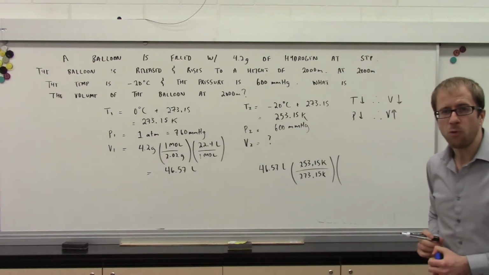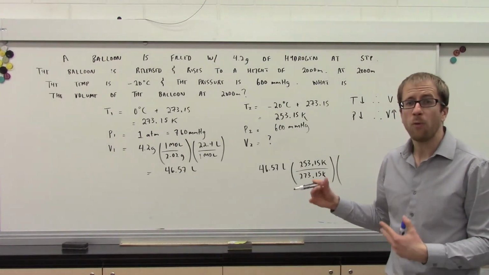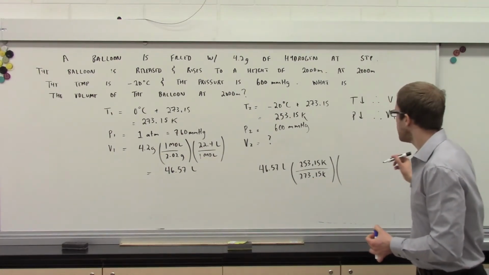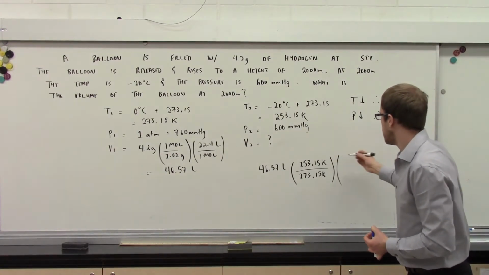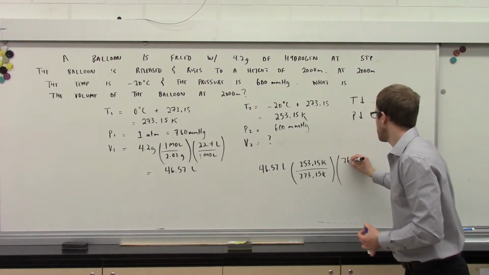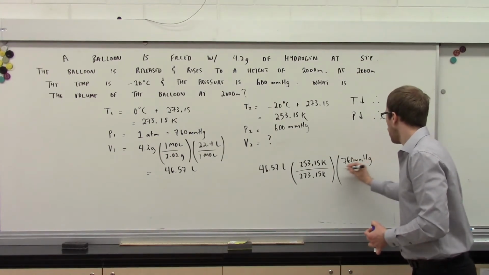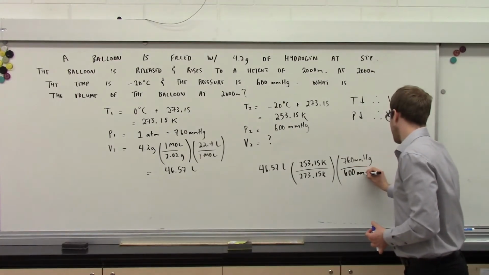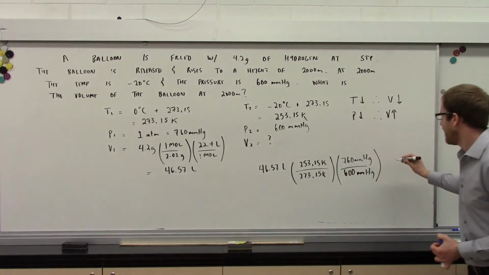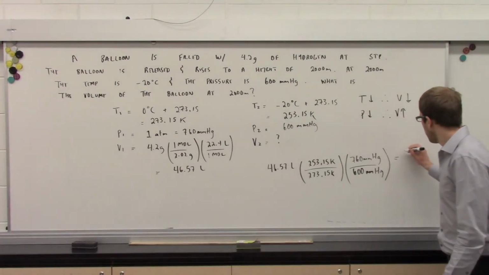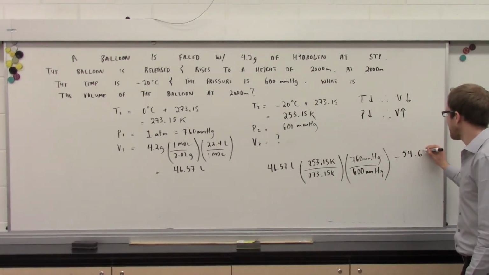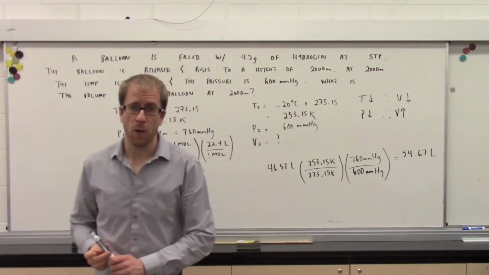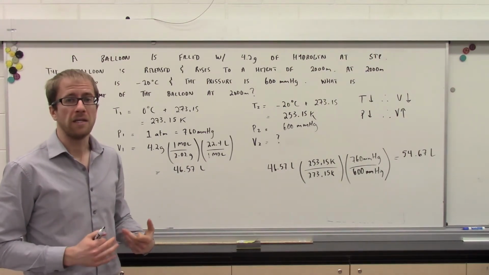And let's multiply by the ratio of our pressures that will give us a higher volume. So that is going to be 760 millimeters of mercury over 600 millimeters of mercury. And this gives us 54.67 liters.